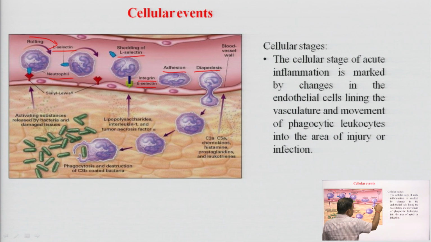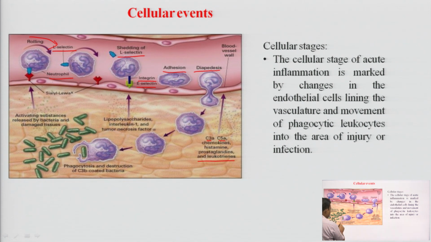You can see in the blood vessel wall, these are the different complement system, C3a, C5a, chemokines, then histamine, prostaglandins and leukotrienes, all we studied in the last PPT, different mediators of inflammation, that all will work there. Then see the lipopolysaccharides, interleukin 1 and tumor necrosis factor alpha, that will act, and ultimately what will happen?